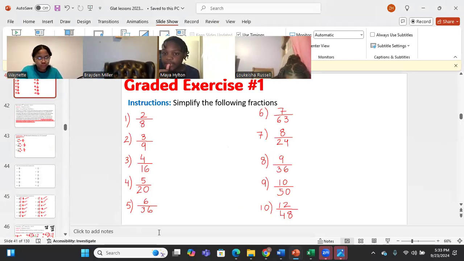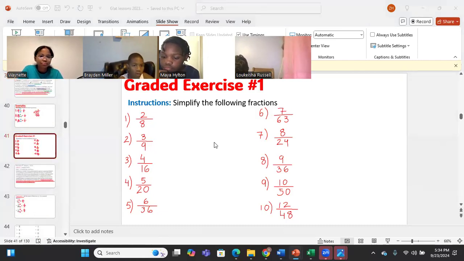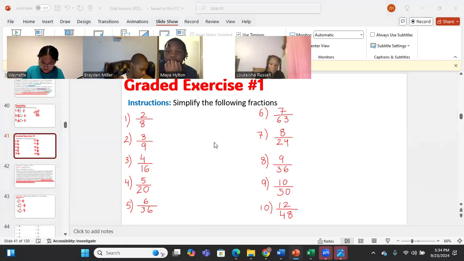I missed 11 and 12, so let me send you that. So finish 11 and 12. Winnet, what number are you on? 8 on the second one. You said 8 on the second one? Yes, sir.